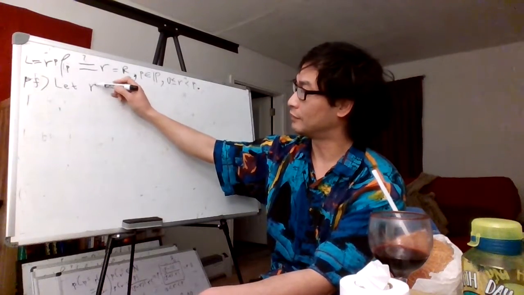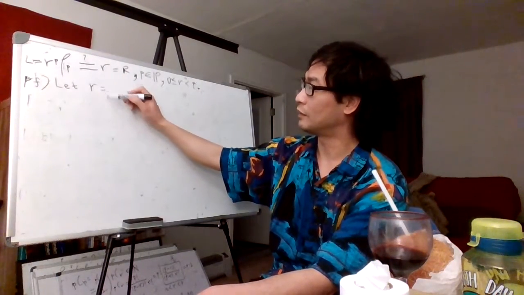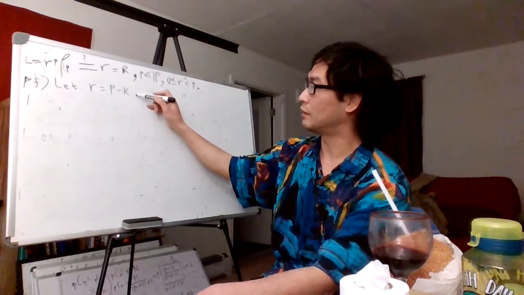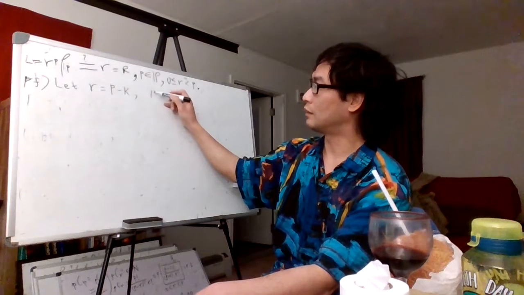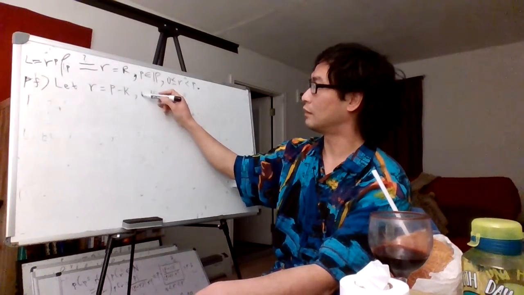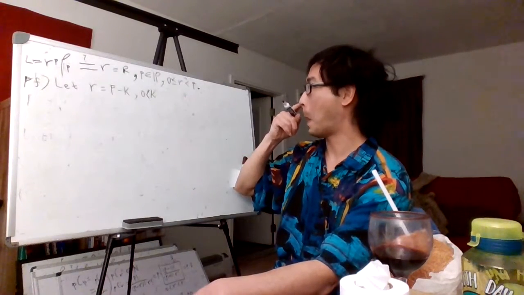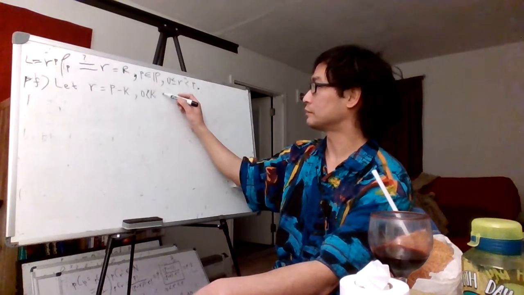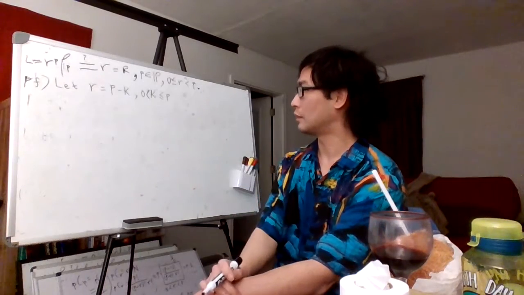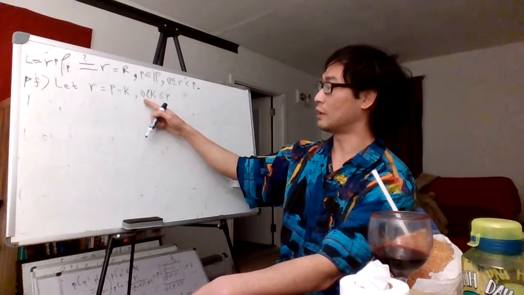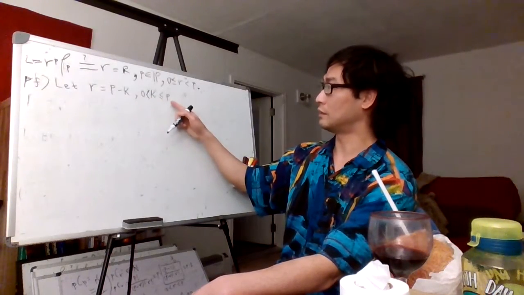Let the remainder be p minus k, with k more than 0 and less than or equal to p.